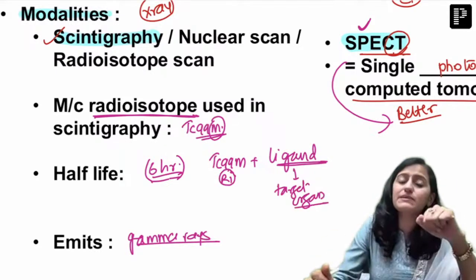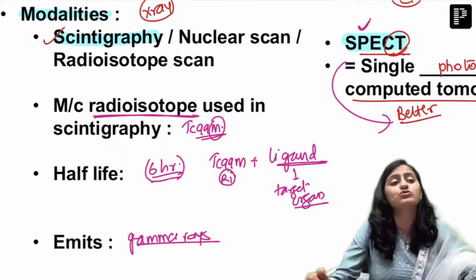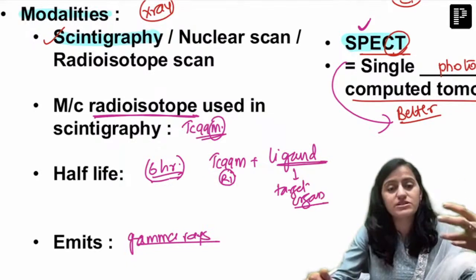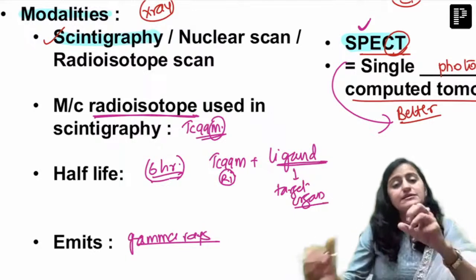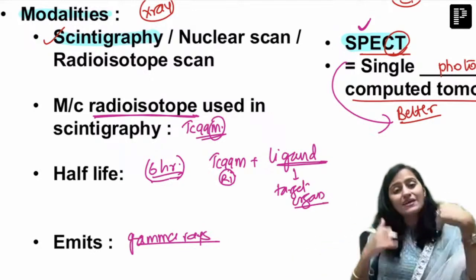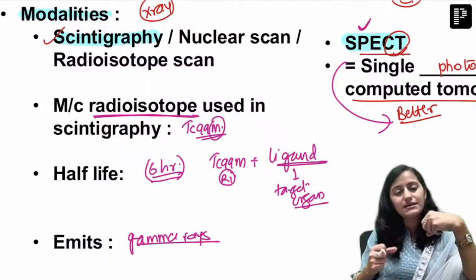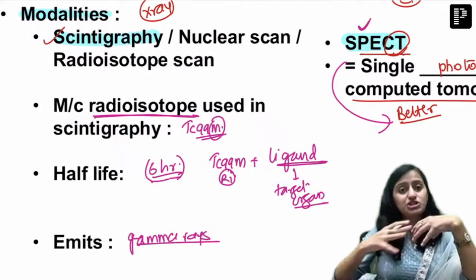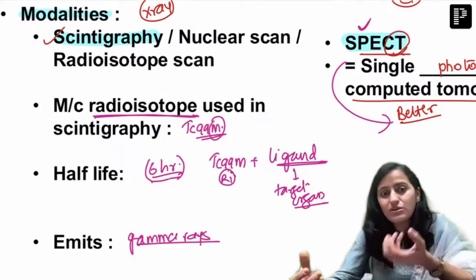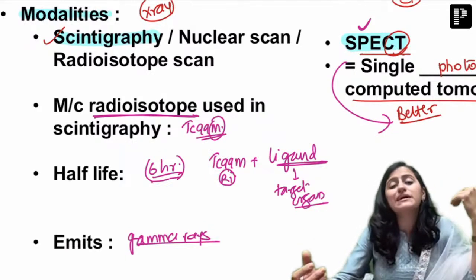How will technetium 99M realize that it has to go to the heart, or kidney, or bones? It is bound to a ligand which takes it to the target site. When it is taken up there, it emits radiation, and this radiation emitted by the patient, depending on the uptake, will be measured by the detector.